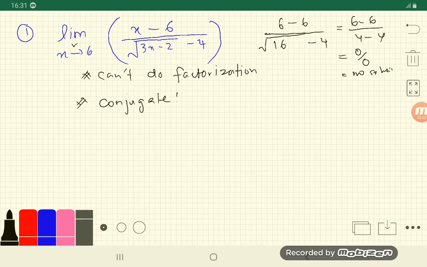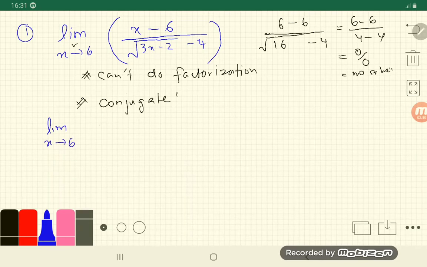Now let us see how the conjugate can solve our problem here. Let us write the question again. Here we have the limit as x approaches 6 of x minus 6 over the square root of 3x minus 2 minus 4.